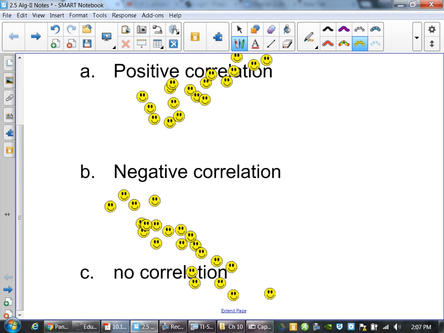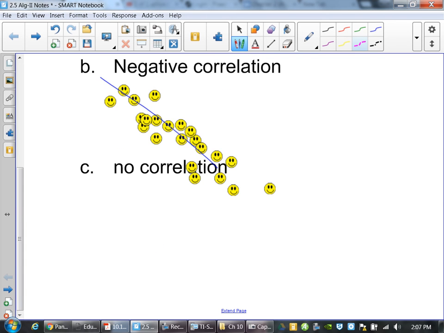And then no correlation or neutral correlation.